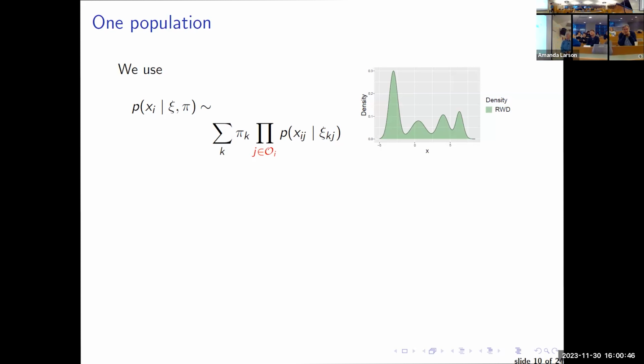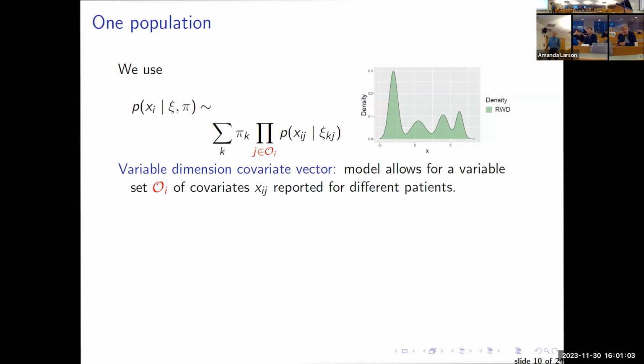The convenient thing when you assume independent kernels is that if a covariate is missing for patient i, you simply drop that factor in the independent kernel. You don't have to impute the missing covariates, you simply don't use them, yeah? So what's O_i? This is the set of observed covariates for the i-th patient. That simply means for patient i, we just use the factors for the covariates that happen to be observed for that patient.